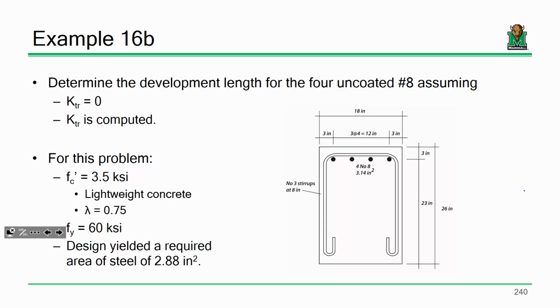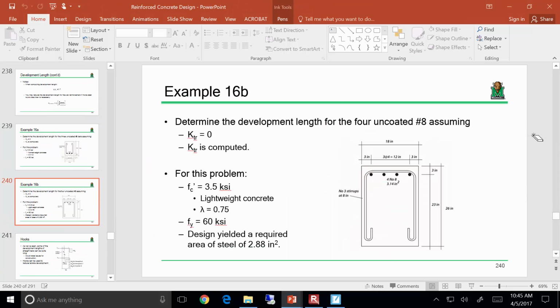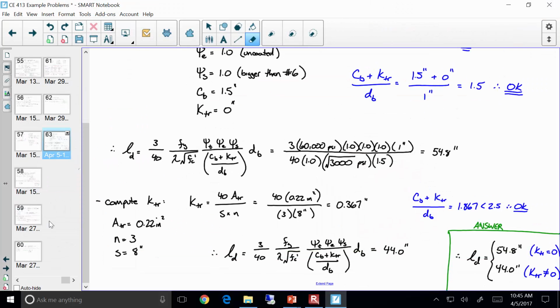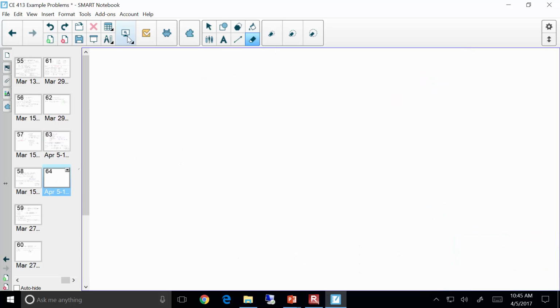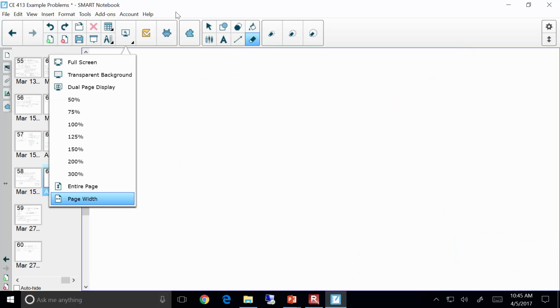Sound good? So let's get into this. All right. Come on. We're not going to be able to finish it, but is it 16? 16B?